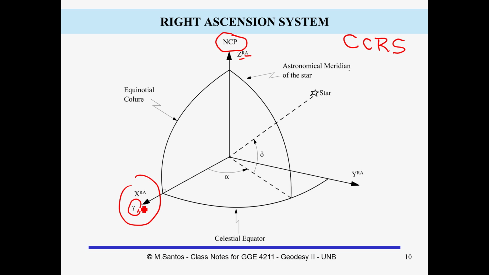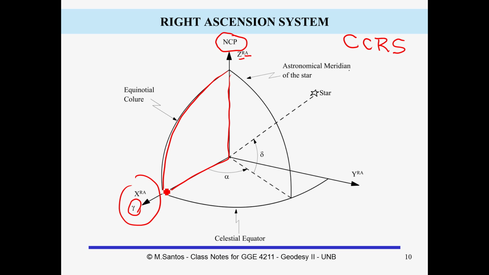That's a fixed point in space, and the plane that is formed between the z-axis and the x-axis is the so-called equinoctial colure.